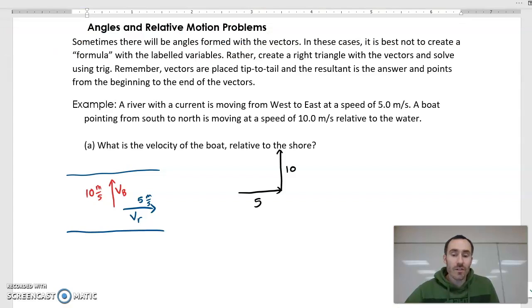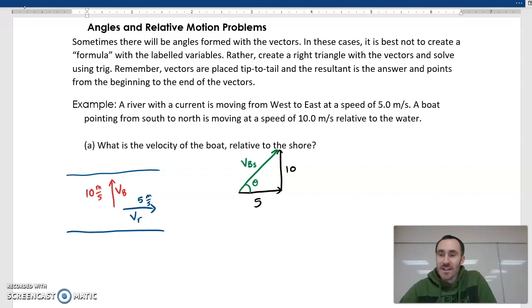And then the total velocity that we're going to find the boat traveling at is a combination of those two things. Okay, and we will also need to give the direction as well, because that's part of velocity. So this is the velocity of the boat relative to the shore, VBS. Maybe an unfortunate subscript, but hey, that's life sometimes.